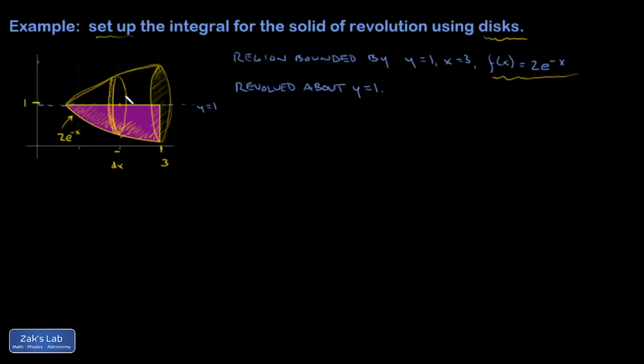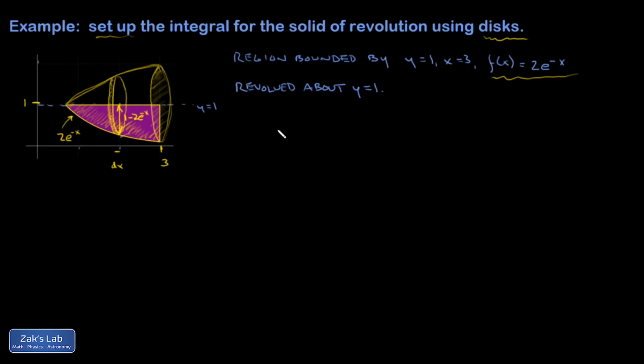And then I need to find an expression for the radius of one of these disks. So that dimension right there. And that has a highest y value of 1, and then the lowest one is 2e to the negative x. So 1 minus 2e to the negative x is the radius of that disk.